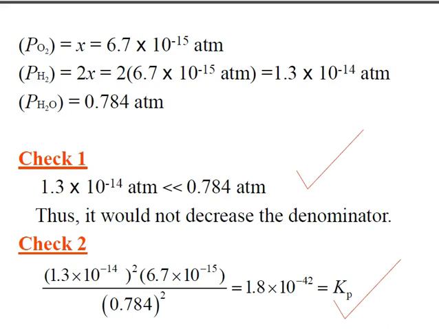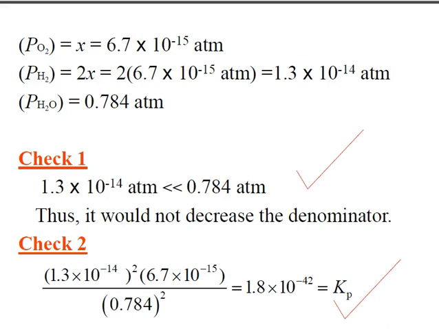Because x is so small compared to the 0.784, subtracting that really doesn't change our value. And that is the reason that we can get rid of x's that are added or subtracted. Because x is normally so small that adding or subtracting x to any number doesn't really change its value. So you see here two checks.